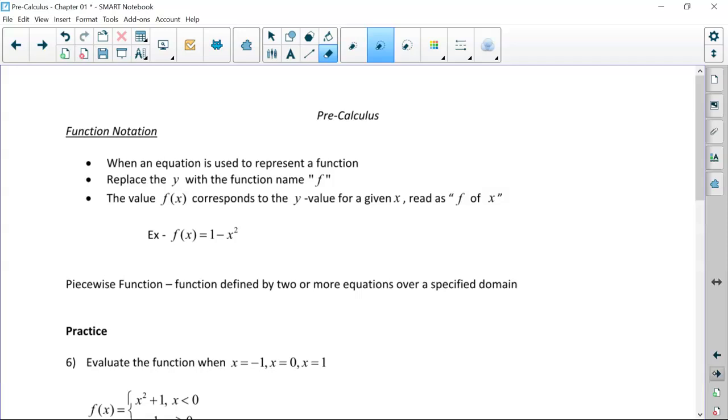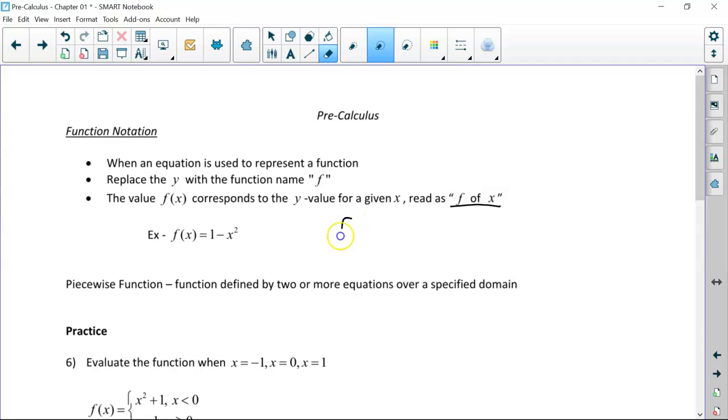function notation. When we talk about function notation, we're using f of x in place of y. And that's how we read that, f of x. Now it could be a g of x, an h of x, a k of x, it doesn't matter. It's just that notation.